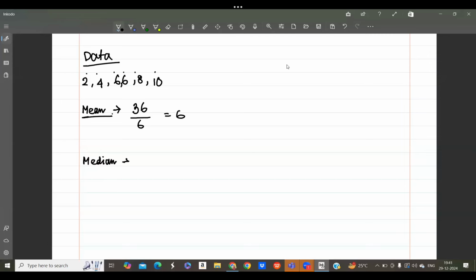Median. The median meaning we need to find out middle value, and mean meaning average. Okay, here we need to find out middle.